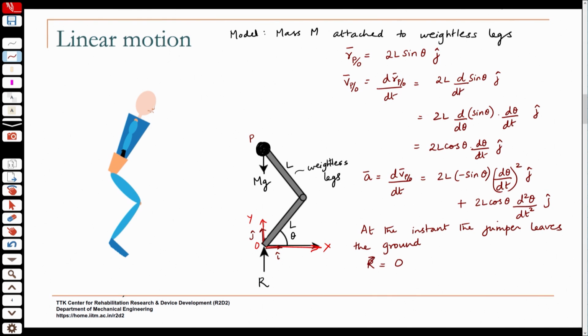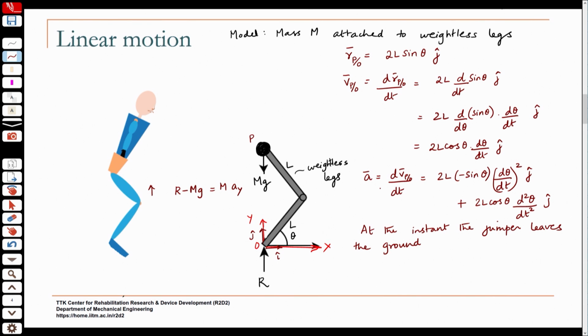If I write the equation like I did in the previous case, I have R minus mg in the y direction equals m a y.